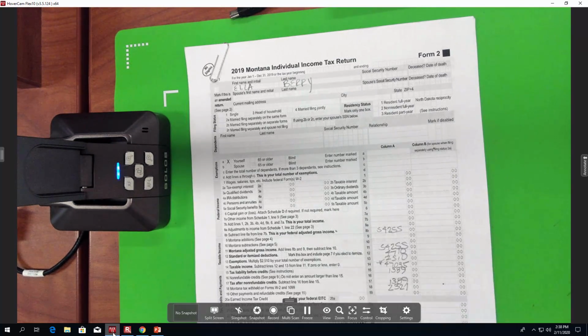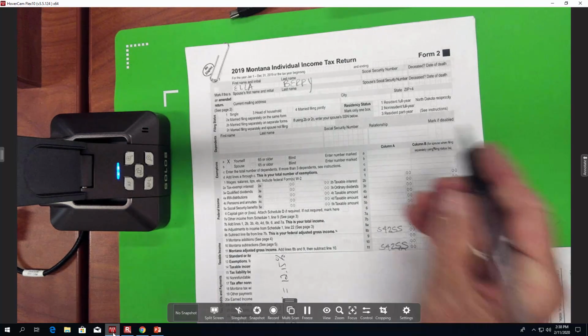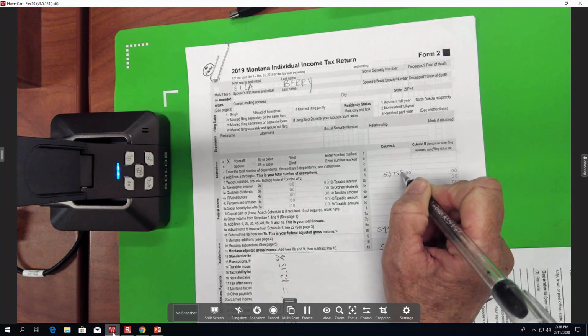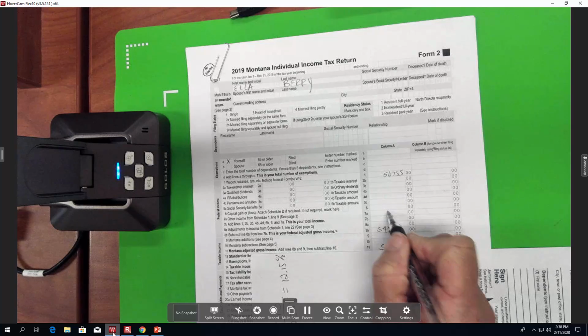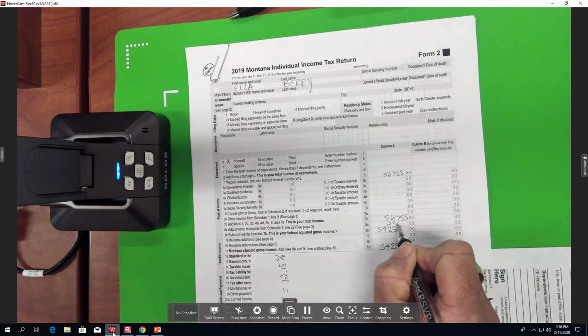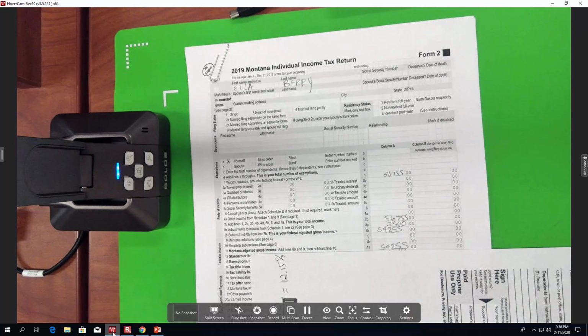And let's see, what were those numbers up here? 56,755. And 2,500. In other words, this top part of Montana just replicates your 1040.